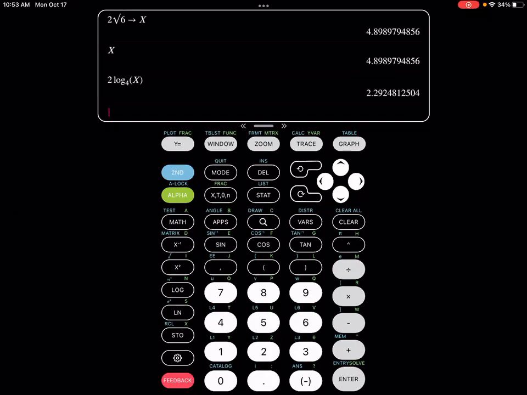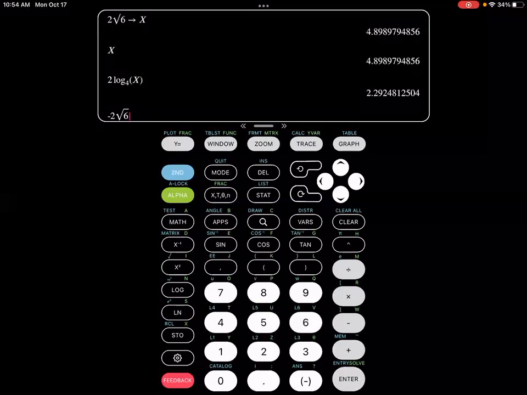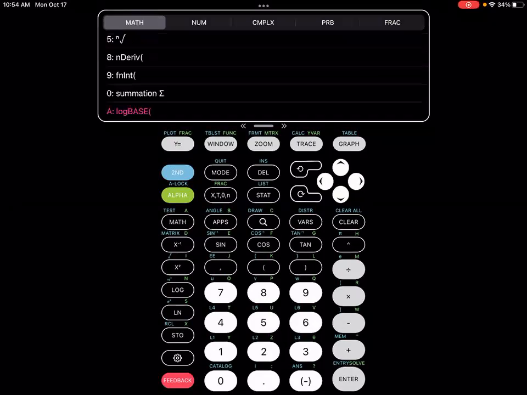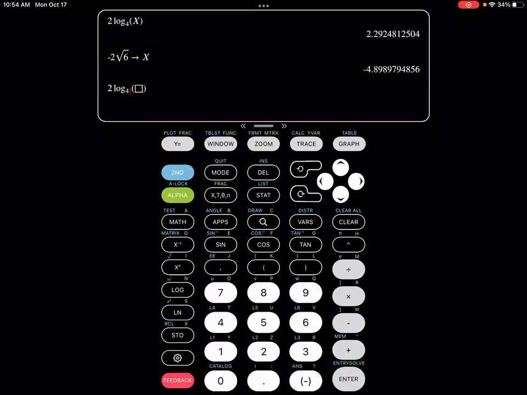Now, let's see what happened to the negative one. So negative 2 root 6. I know I stored it as X. Let's just see what happens. Math, log base 4 of X. Well, your calculator will say out of domain, but my calculator gives you imaginary.